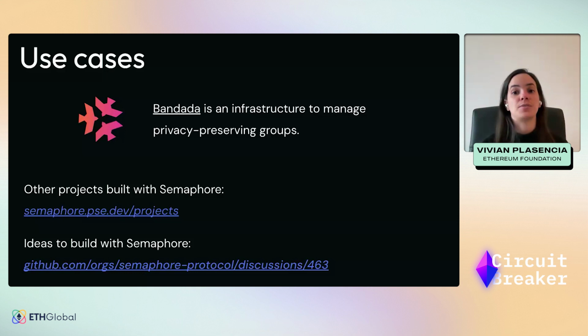It is an infrastructure to manage privacy-preserving groups. Developers use Semaphore for many use cases, sometimes for identities and sometimes for anonymous signaling. You can find more in the list of projects here.